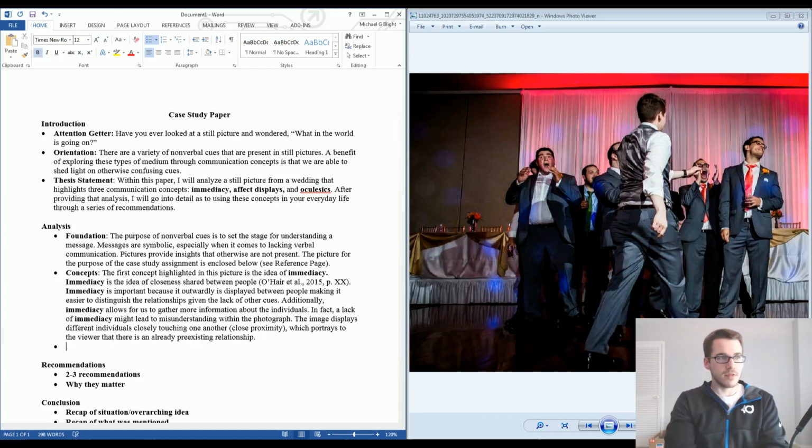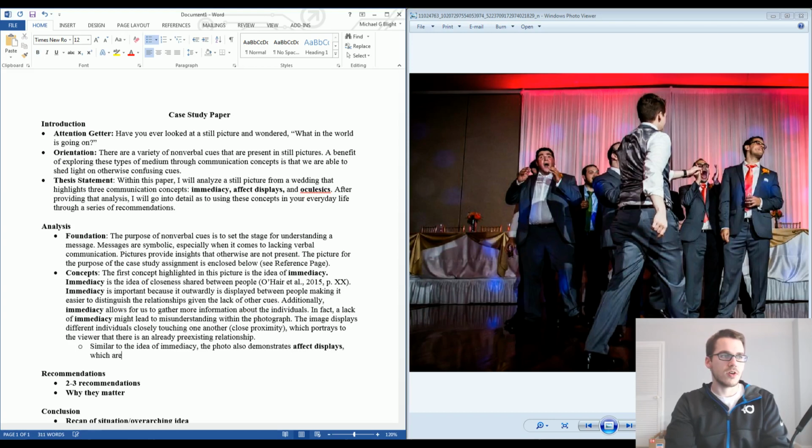And then, you know, similar to the idea of immediacy, the photo also demonstrates affect displays, which are defined as so on and so forth. We see these affect displays with the variety of poses that the individuals make.